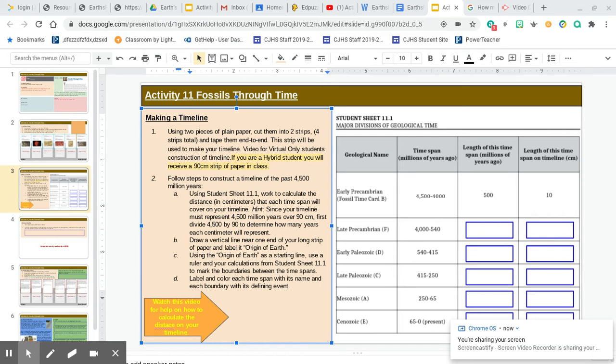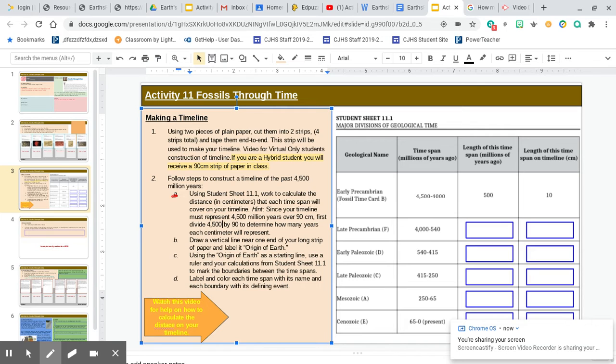Hey everyone, I just wanted to go over the steps of how to construct your timeline and what that's going to look like. So 2A right here says you're going to calculate the distance that each time span will cover on your timeline.